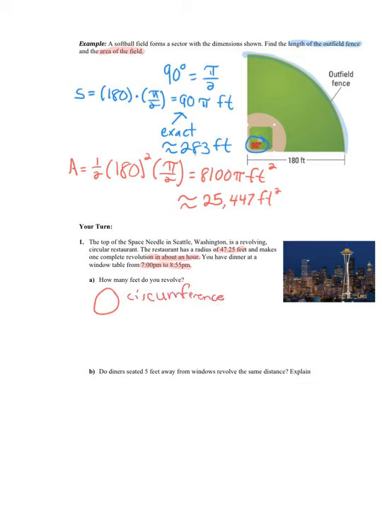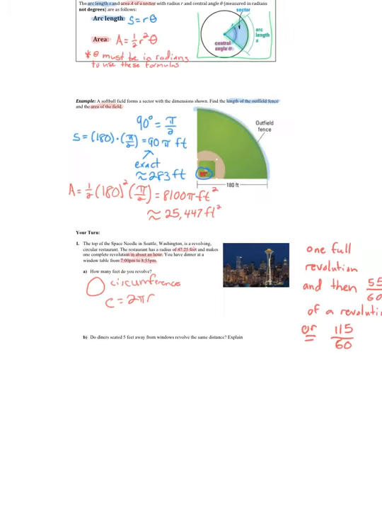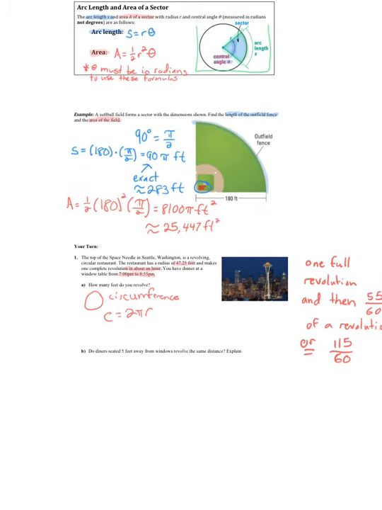If you might remember, the circumference of a circle is 2 pi r, so 2 times pi times the radius. That 2 pi happens to be your theta. Think about the sector arc length: r times theta, where theta is 2 pi radians, times your radius. That's where the circumference equation comes from.